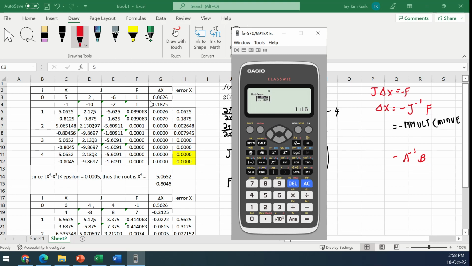Okay, so once you're done, you want to do this one. Unless you have another calculator. Otherwise, if you want to do in normal calculation, you have to exit the matrix mode. You see, if you exit, that means I want to do this calculation.